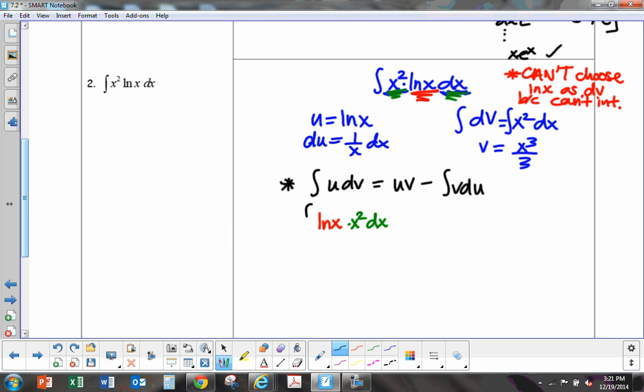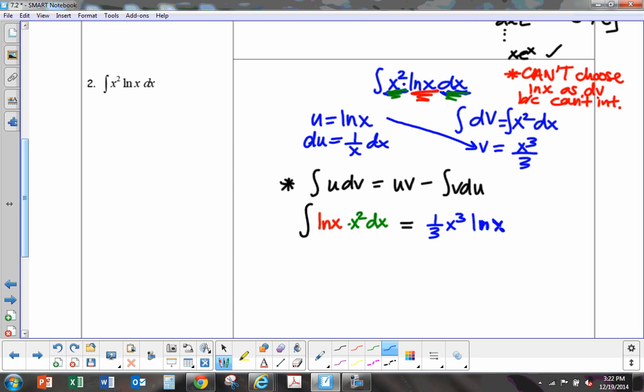So that integral is equal to u times v, so it makes a diagonal where you multiply those. And usually we'll put the little pieces in front, so we would probably say 1/3 x to the third and then ln of x, because you can multiply in whatever order you want.